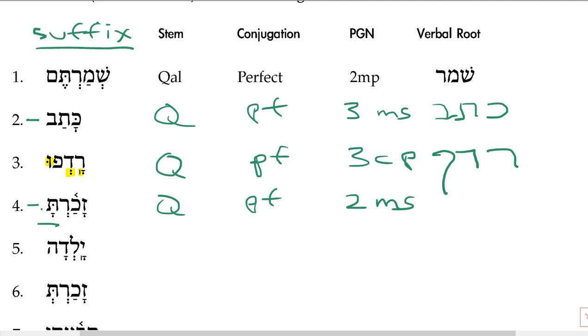When you see that ta with a qamets underneath it at the end of a word, you're pretty much guaranteed that you have a perfect, not necessarily a Qal Perfect. It could be another stem as well, but a perfect 2MS. And our root here is zakar, which means to remember. So this would be translated, you remembered. You, masculine singular, remembered.